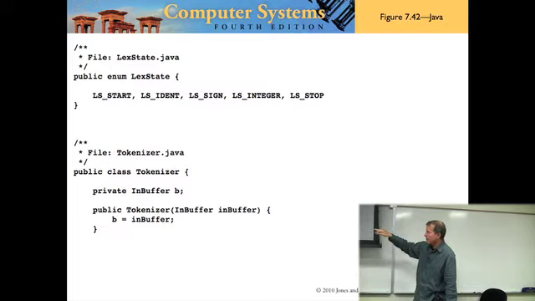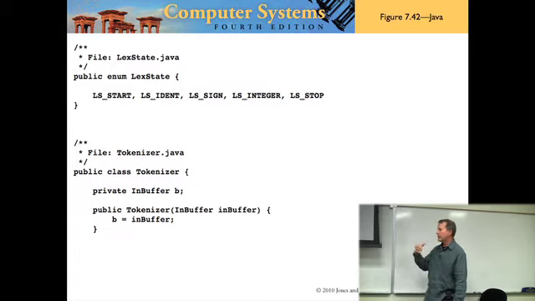At the bottom of the slide, we see the constructor for the tokenizer, and as usual, it takes a reference to the in buffer that has been allocated somewhere else, and it sets B to in buffer so that whenever the tokenizer works, it has access to the buffer.